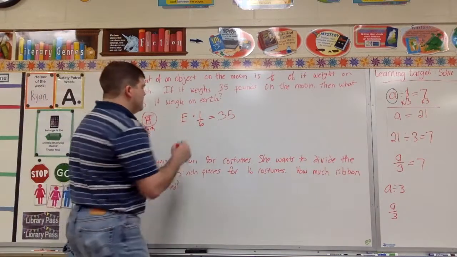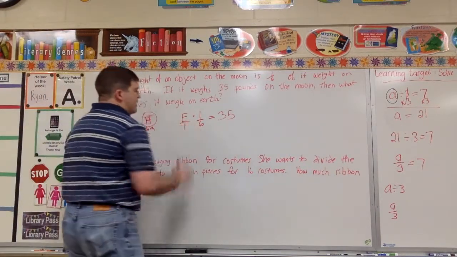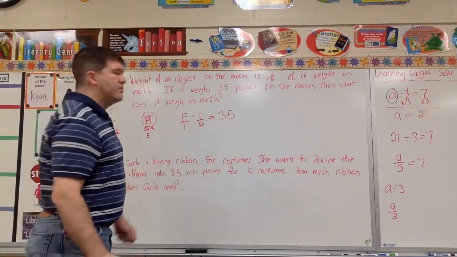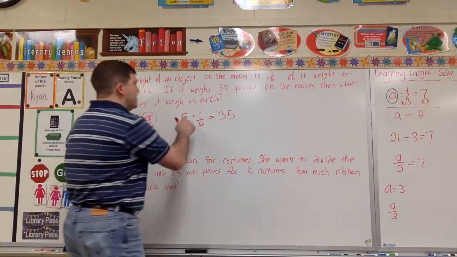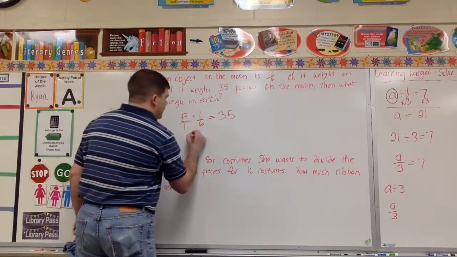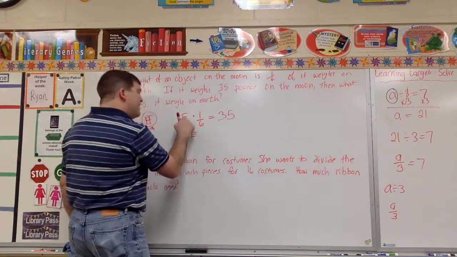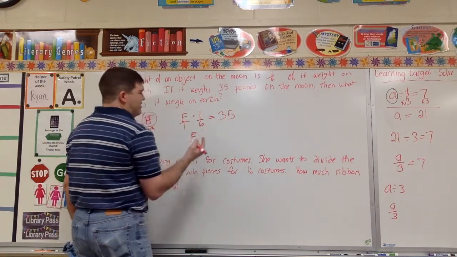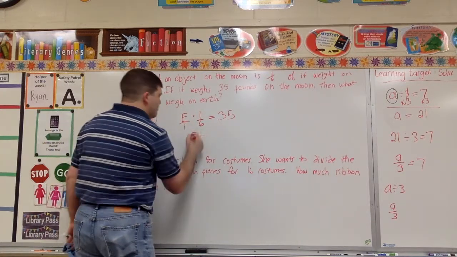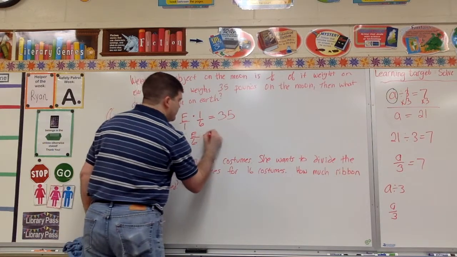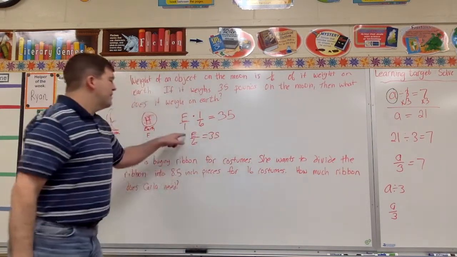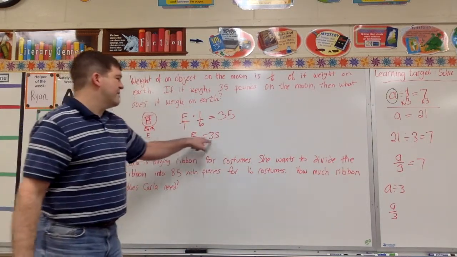So if I do this, I can go like that. You can put a 1 under a variable. So then I do E times 1, which is just E because it's 1E. 1 times 6 is 6 equals 35. So now we have E divided by 6 equals 35.